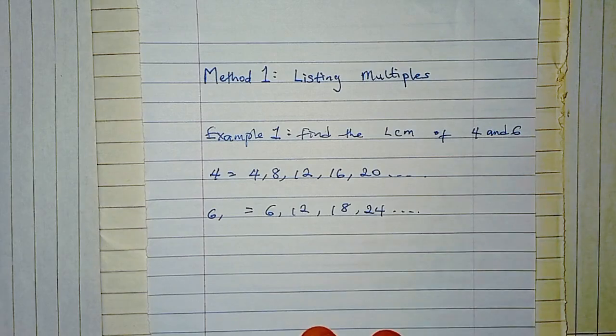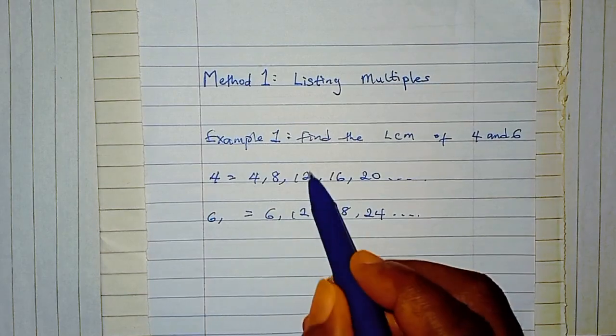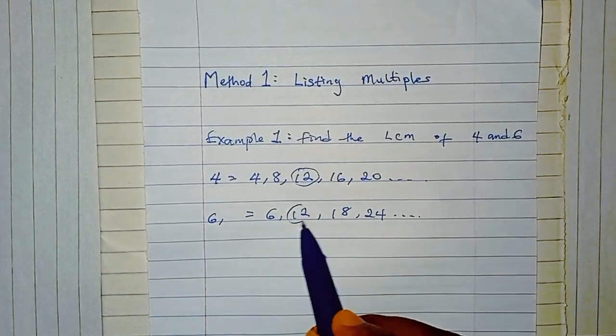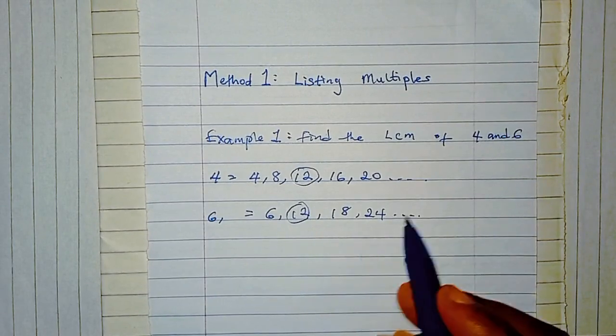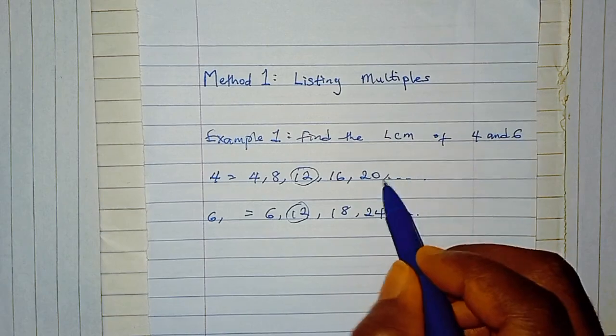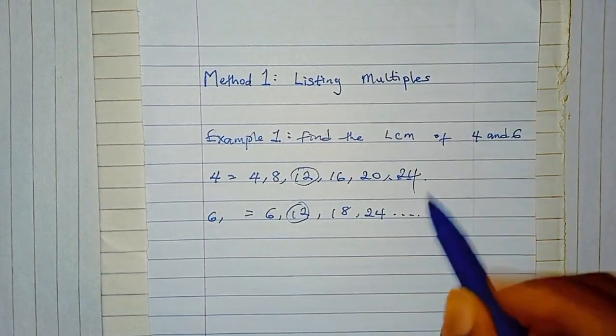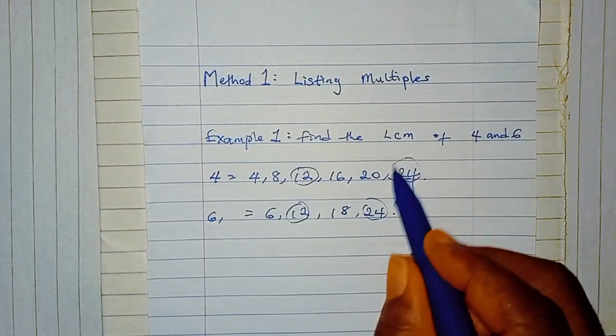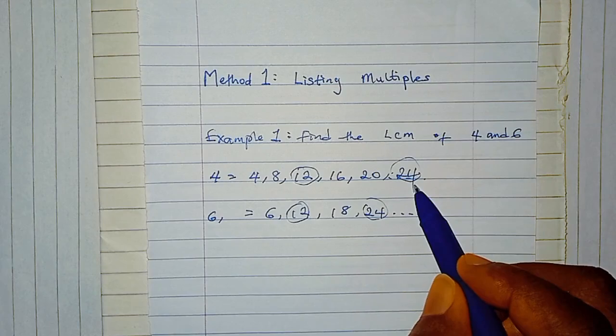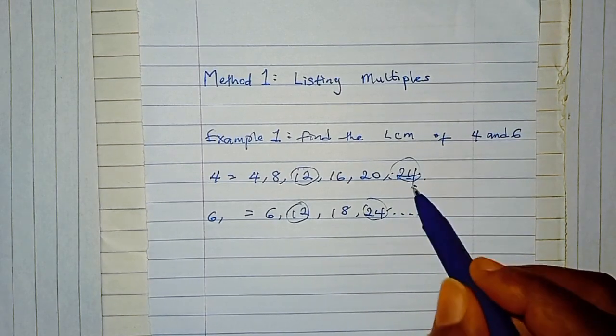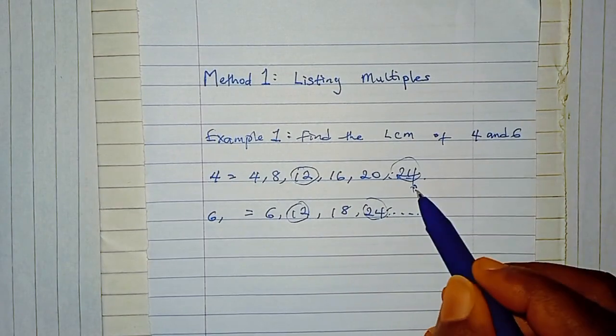Once you have listed all their multiples, the next thing to do is to look out for the first number that they have in common. If you watch, you have 12 here, and you equally have 12 here. If you continue, you are going to get 24, so we have 24 here and 24 here, but the LCM is not 24, because it's not their lowest common multiple.